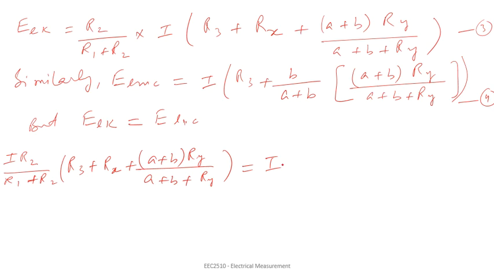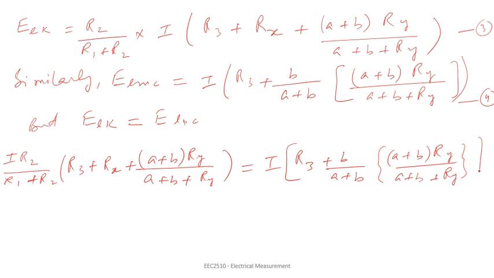So this will be I times (R3 plus B over A plus B in bracket (A plus B) times Ry plus (A plus B) Ry). Okay, so now you have to simplify these equations.